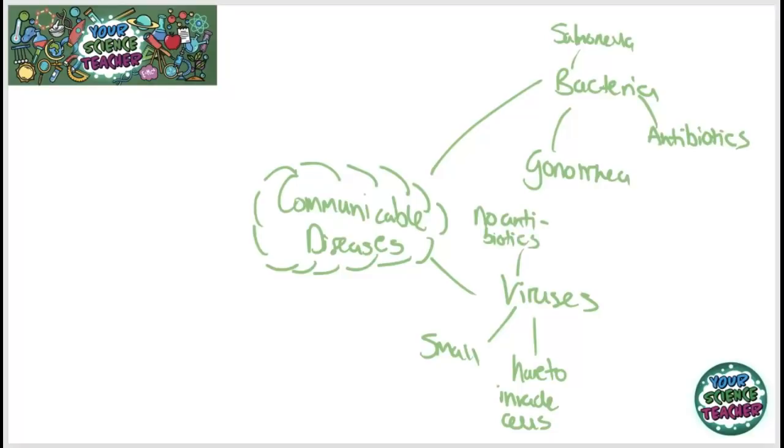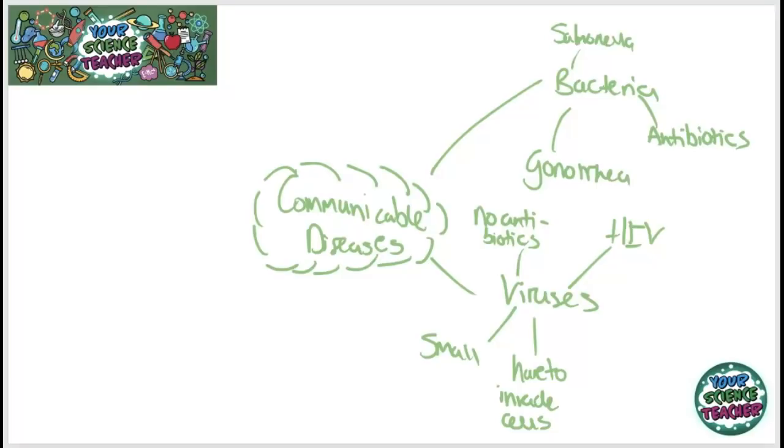Some examples of viral diseases are HIV, which attacks your immune system. When your immune system is weak, you are often susceptible to other diseases, and that's what actually causes you to get incredibly ill. Now, HIV is a sexually transmitted disease, just like gonorrhea.